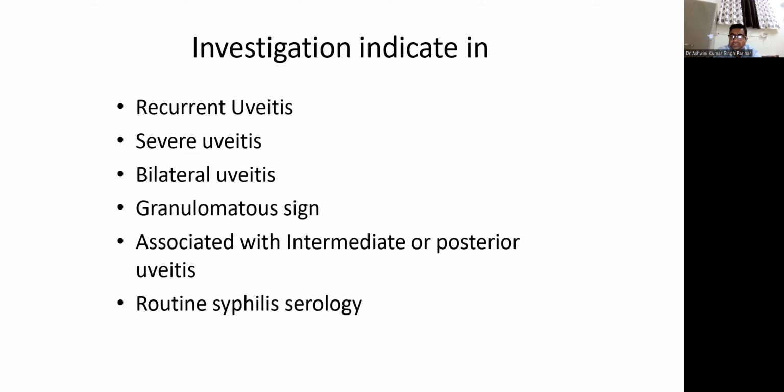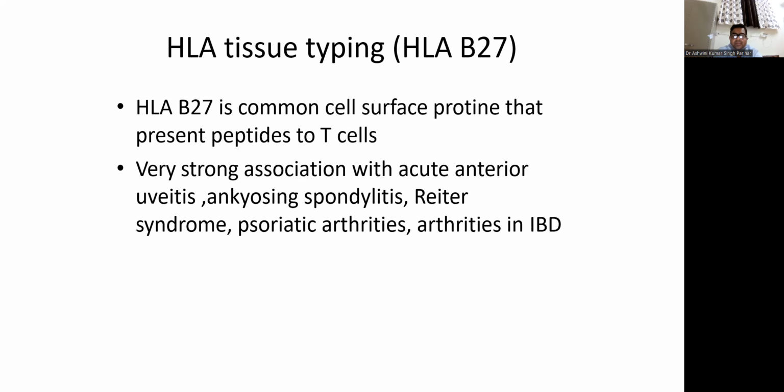Also if the patient presents with bilateral uveitis, granulomatous signs, tuberculoma anywhere else in the body, respiratory problems, joint problems, or associated intermediate or posterior uveitis. And one more thing, routine syphilis serology should be done in the patient.